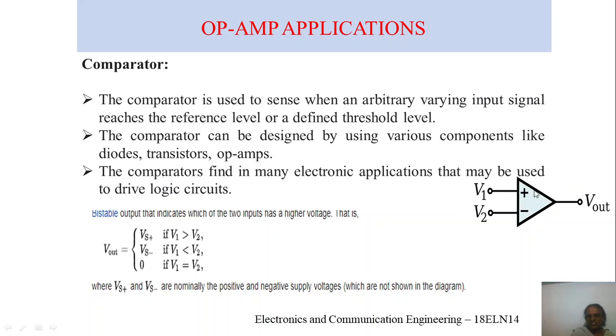The supply voltages are at pin number 7 and pin number 4, where pin number 7 is connected to plus VCC and pin number 4 is minus VEE, as we recall from the pin diagram of an op-amp in our first session. The supply voltages are not shown here, but still we can compare the input voltages given to the inverting and non-inverting terminals. From this figure, by using this table, we can calculate the output.